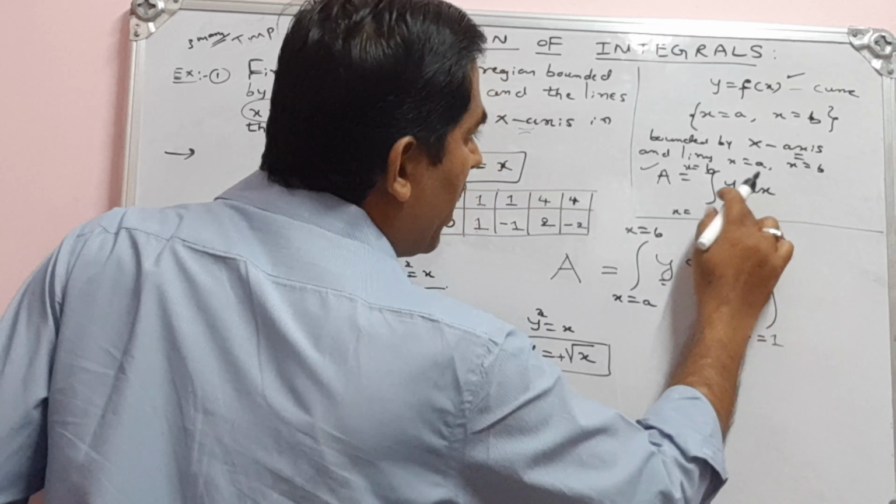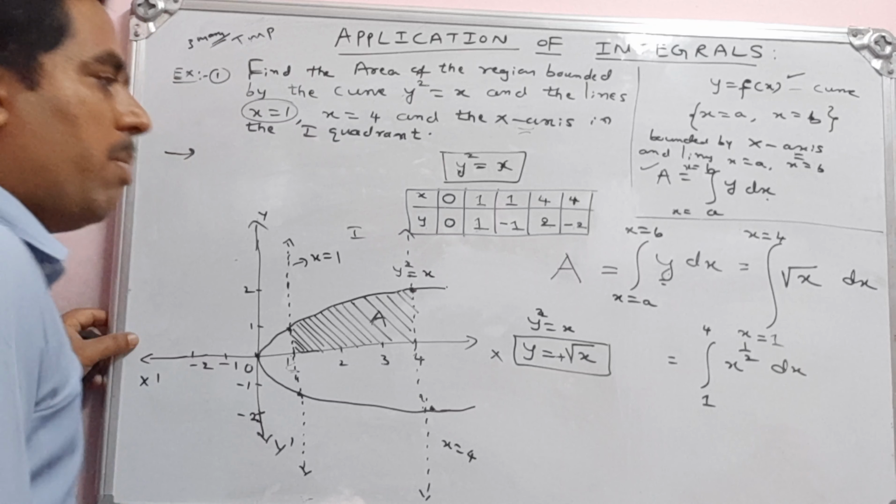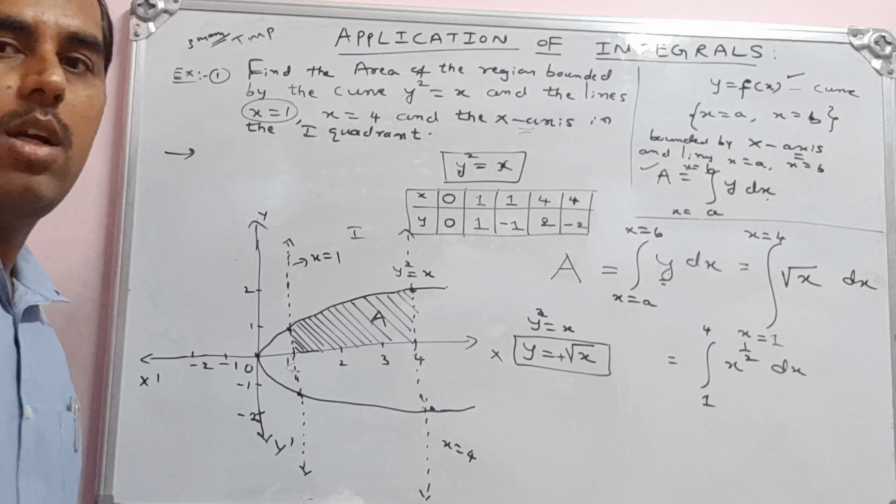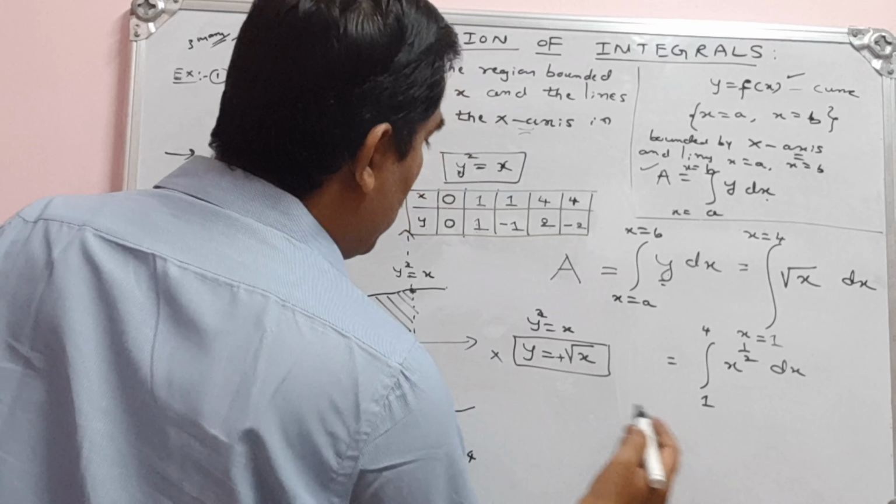So that is root x with respect to x. Observe this, y is equal to root x with respect to x. That is the integration from 1 to 4. Root x means x to the power of half. Now to integrate this, make use of the power rule: integration of x to the power of n is x to the power of n plus 1 divided by n plus 1.